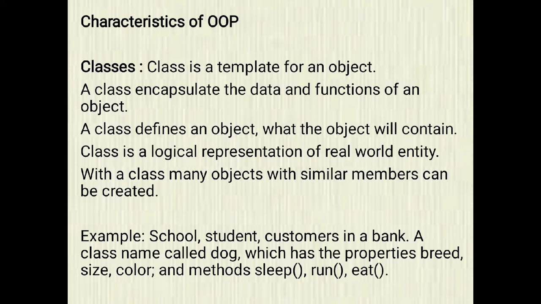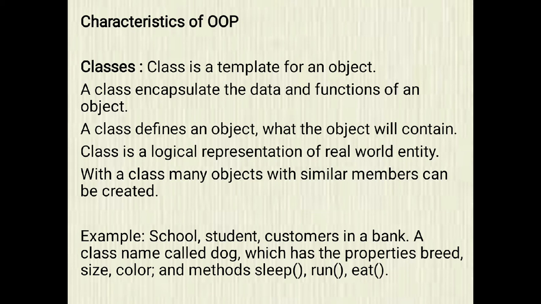Suppose there are 10 students in class 11. If you have to write a program for that, the class name is student, and if you have to create data for all the students, an object for each student will be created. So 10 objects: student 1, student 2, student 3, student 4, and so on.